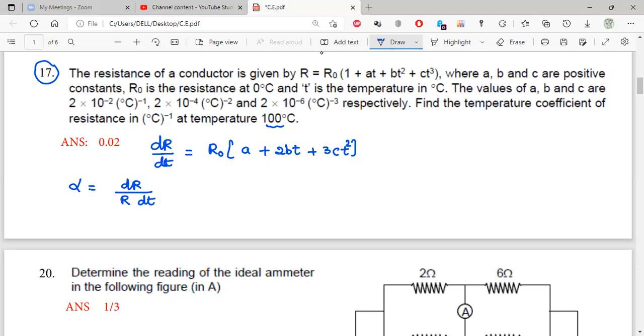Where R is the resistance at 0 degrees Celsius.